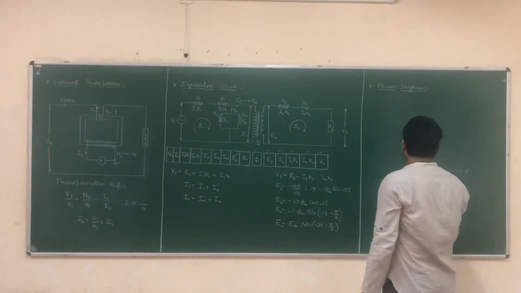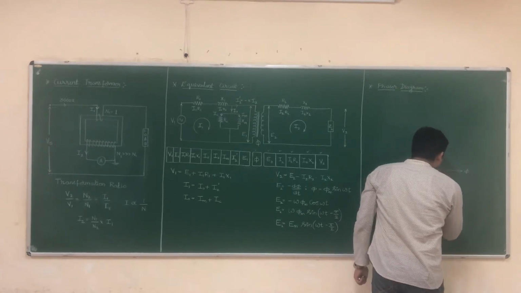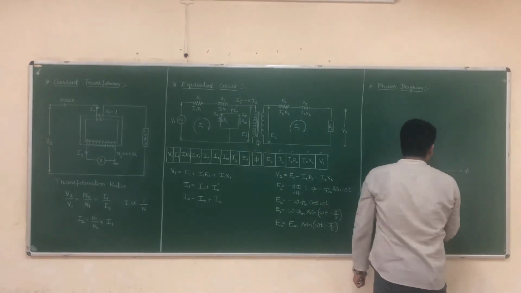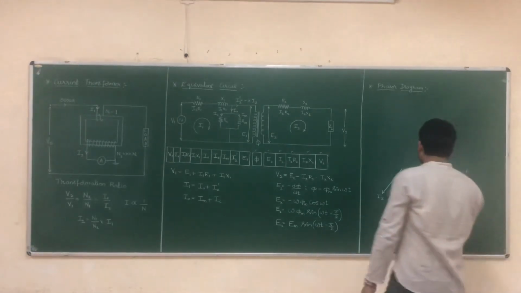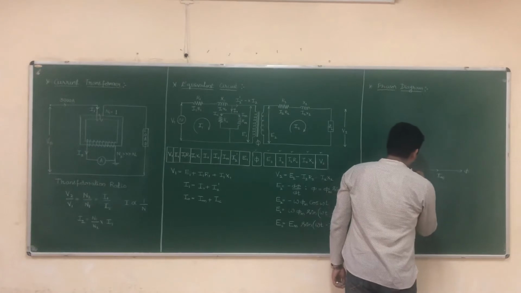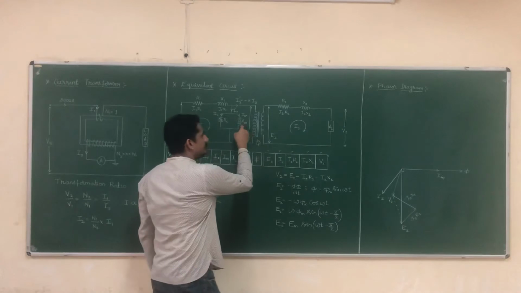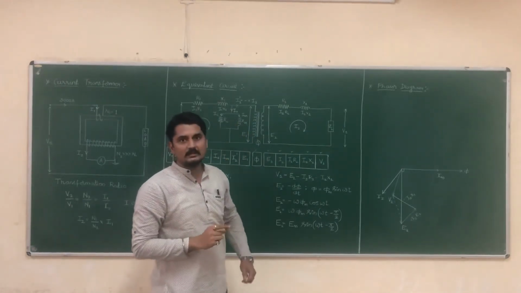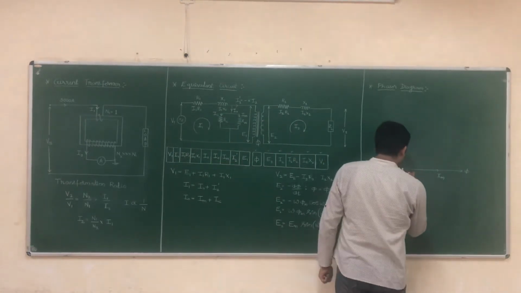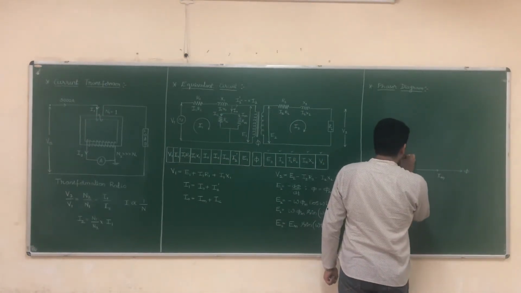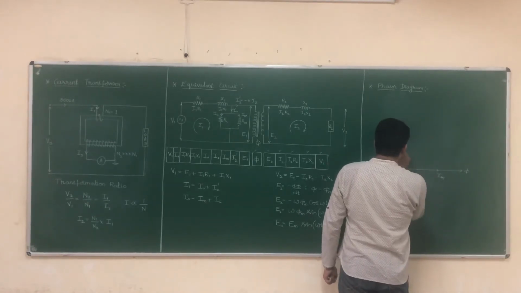So what I am doing, I am writing this Im in phase with flux phi. So Im will be in this phase. So this is my Im. If Im is in this phase, then where should I write Ic? It should be 90 degrees to this. So I draw a 90 degree line, and this is my Ic.